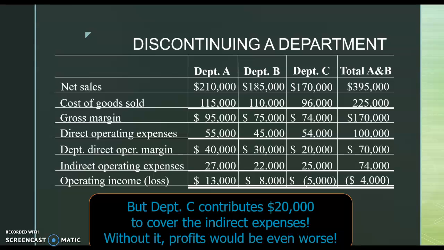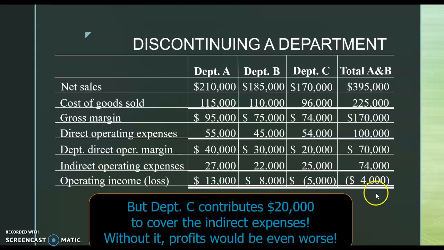I had $16,000 operating income for the store as a whole. And now, if I get rid of Department C, I have a $4,000 loss for the store as a whole. Because now the $74,000 of indirect expenses, I have to allocate only between A and B. I can't spread some of it out to Department C, and Department C's sales take care of some of that.